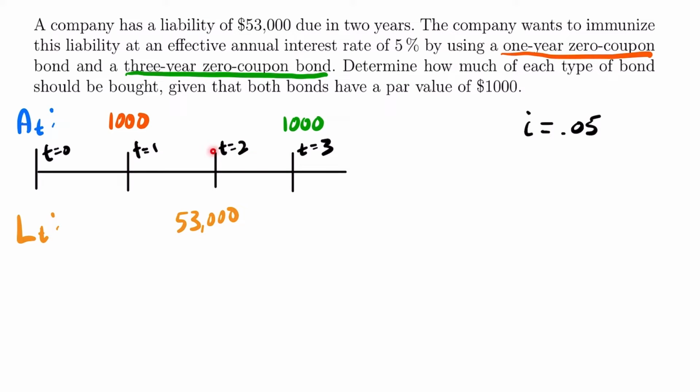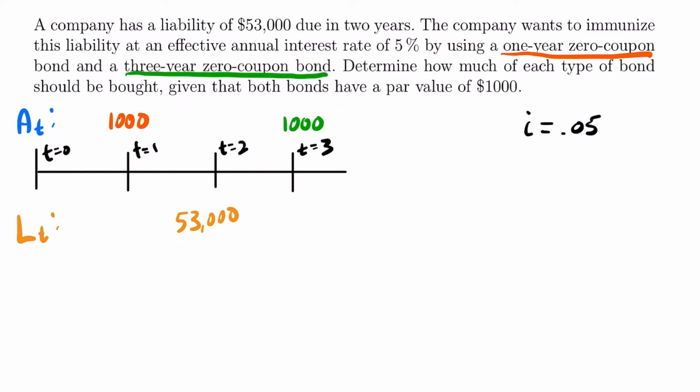Now those are our assets, but we don't know how many of each of those bonds the company needs, right? That's what we're trying to find in this problem. We want to determine how many 1-year zero coupon bonds and 3-year zero coupon bonds the company needs to immunize their liability at an interest rate of 0.05. Because we don't know how many of these bonds we need, we introduce a variable that we can solve for. Depending on how many 1-year zero coupon bonds the company buys, they would have a payment of $1,000 at time 1, but that $1,000 would be multiplied by however many bonds they buy.